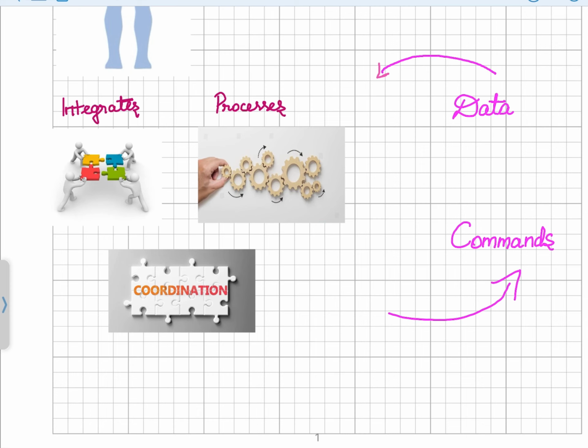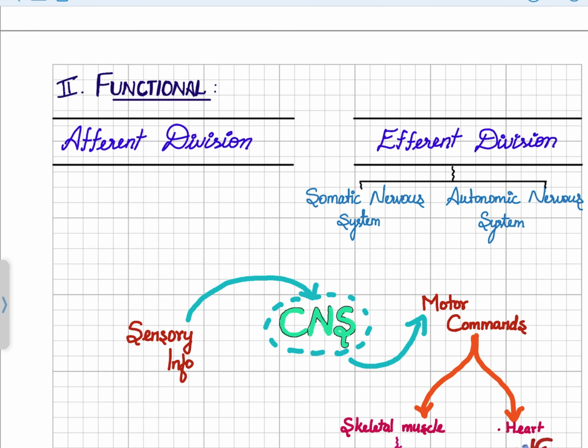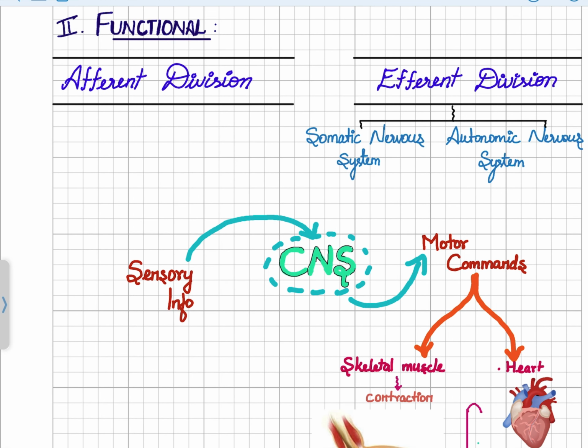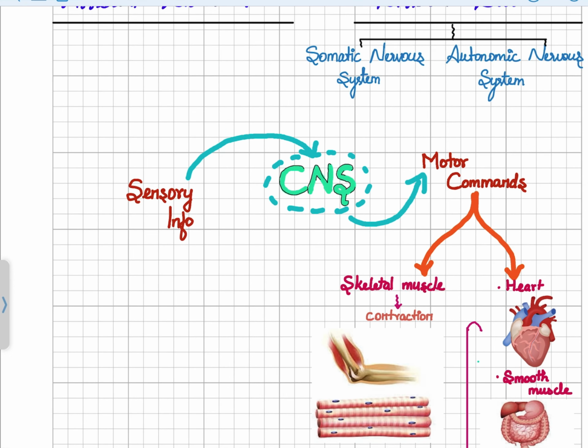Now, with this, we are moving to functional classification. Functionally, we divide our nervous system into the afferent division and the efferent division. And this efferent division, furthermore, is classified as the somatic nervous system and the autonomic nervous system. Now, very easy. Just have your central nervous system, which is nothing but the brain and spinal cord.